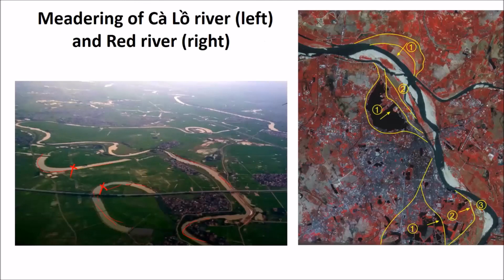For this case, in the history, the water flowed in this direction, and it changed gradually over time, and finally people built the dike here. That is a cut off. Yeah, this is an artificial cut off because the dike here was built by humans a long time ago, and now the river must go in this direction. That is a way to mitigate the flood for these areas. Yeah.